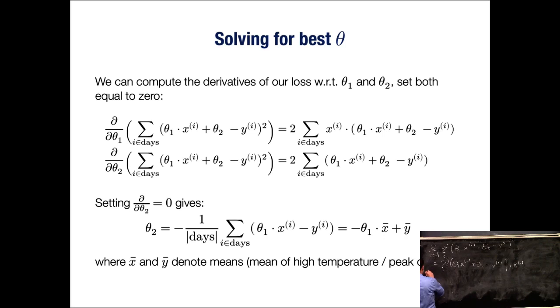The derivative with respect to theta 2 is actually even easier. It's pretty much the same thing, but because theta 2 doesn't have any coefficient on it here, there's no x on the outside.